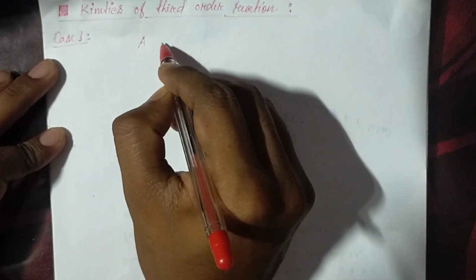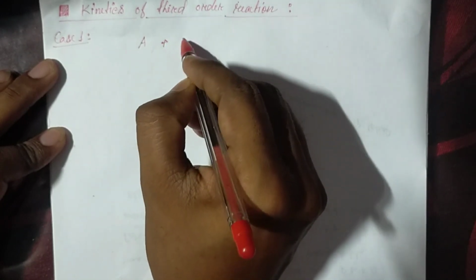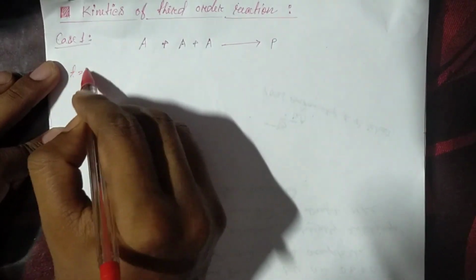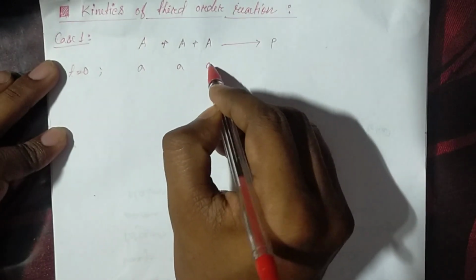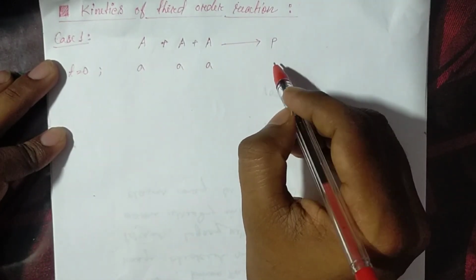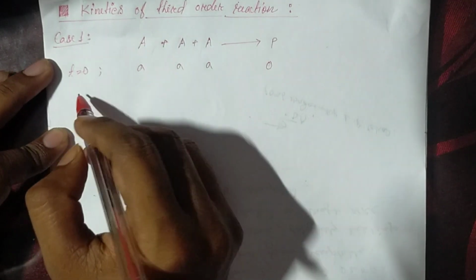So let the reaction be A plus A plus A giving product. At time 0, the initial state, a amount of reactant will be there and there will be 0 product.